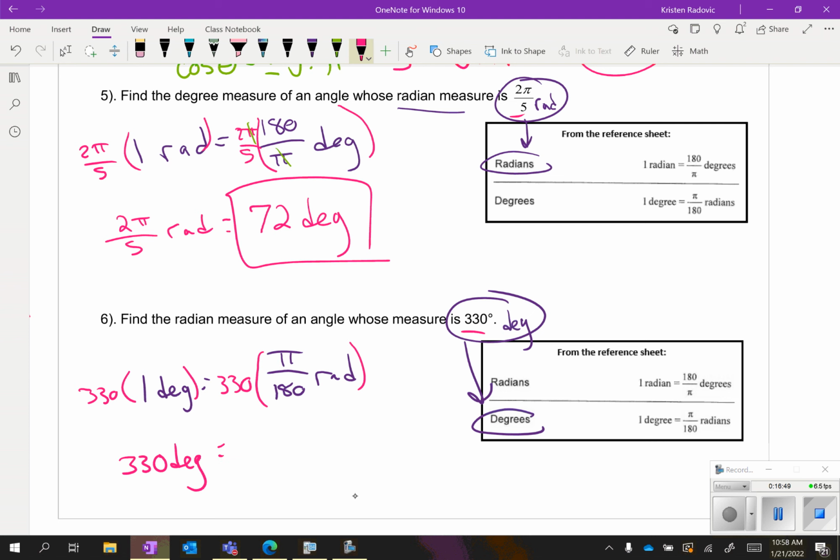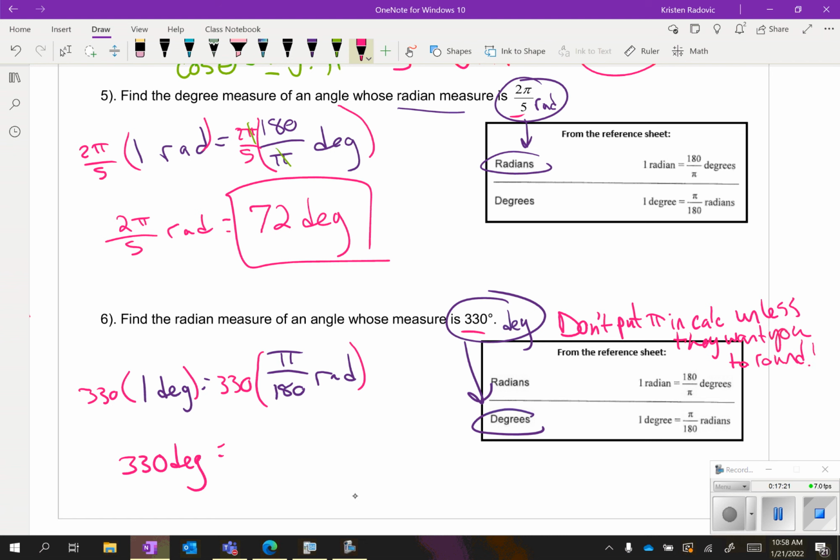On the flip side, you have to evaluate this. Now, they did not ask you to round. So if they don't ask you to round, you do not put pi in the calculator. Really important.